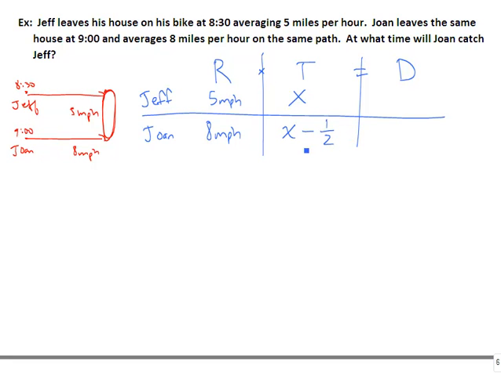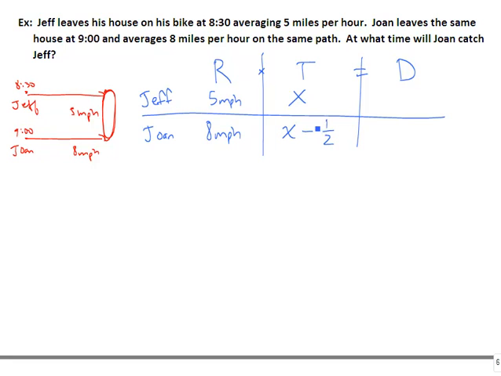You could have said X minus 30 minutes, but I prefer to keep my time in hours to be consistent with my rates, which are also in hours. So again, Jeff, we don't know how long he's biking for. I'm calling that X. Joan, all I know is that she is biking 1/2 hour less time than Jeff does. So her time is X minus a half.